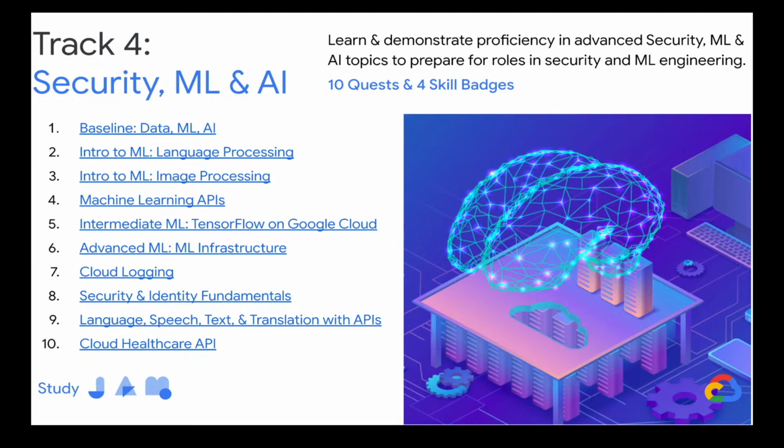Lastly, we have the Security, Machine Learning, and Artificial Intelligence track. By completing the quest in this track, you will learn key topics such as security, machine learning, and a touch of AI to prepare for roles such as security engineer, machine learning engineer, and so on.